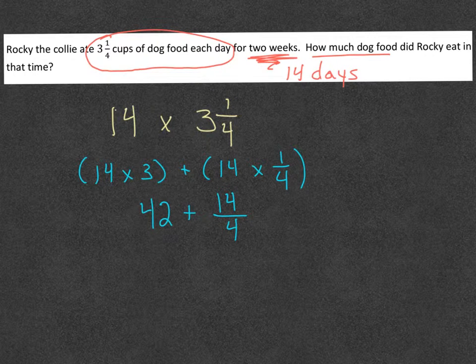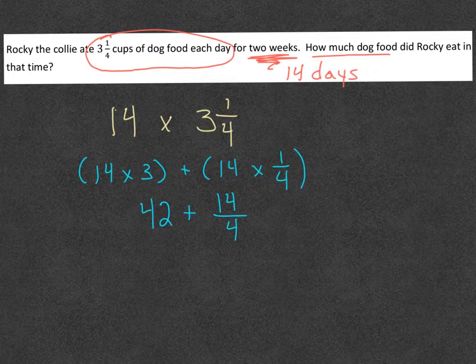14/4. Again, we can't leave a fraction greater than 1, an improper fraction. We need to simplify it and make it into a mixed number. So 4 times what will give us close to 14? How many wholes can we pull out?